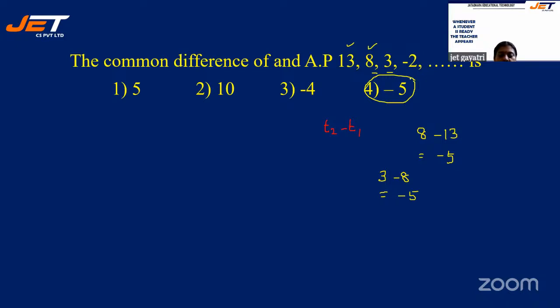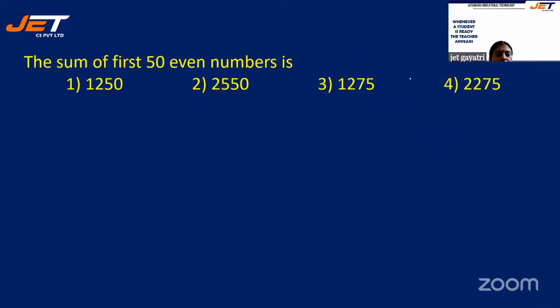All right, students? So hope you all are getting the same answer. Good. Now let's move on to the next sum. Here we say the sum of the first 50 even numbers is dash. So the sum of the first 50 even numbers, what is it?